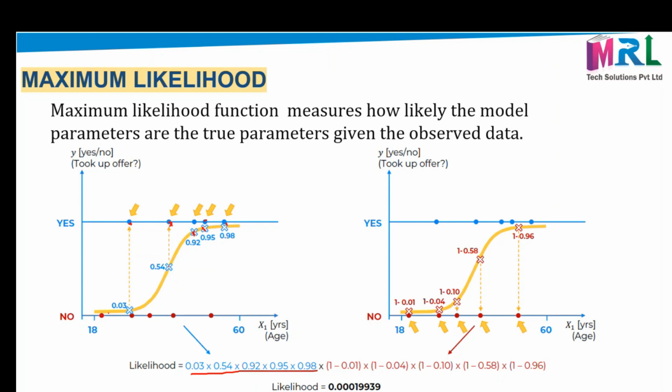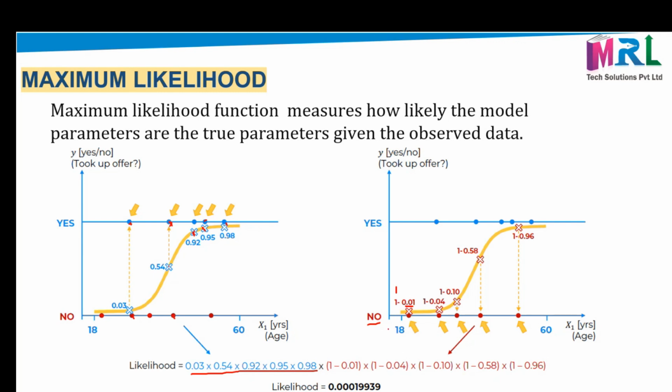Similarly, you have the red dots here. That means these persons are not purchasing the health insurance. The probability of that one is 0.01. That is the point where he is not purchasing the insurance. But since it is in the no class, I have to include 1 minus 0.01, because this is the yes probability.